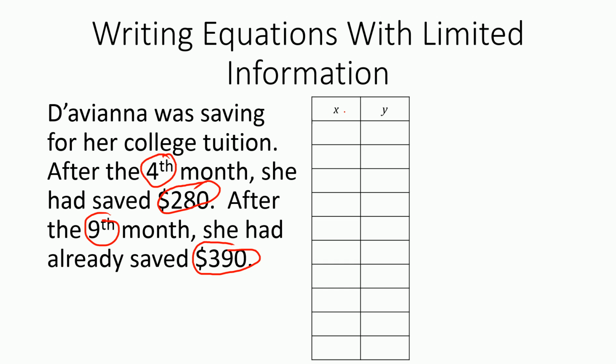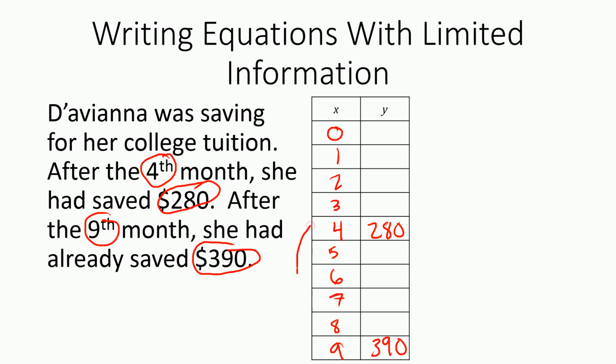We know that our y-intercept is going to be where x is 0, and we don't know what it is right now, but we can figure it out once we know how much she's saving each month. When we count down to the 4th month, it's $280. And then in the 9th month, she has $390. Our goal is to figure out how much she has been saving each month.